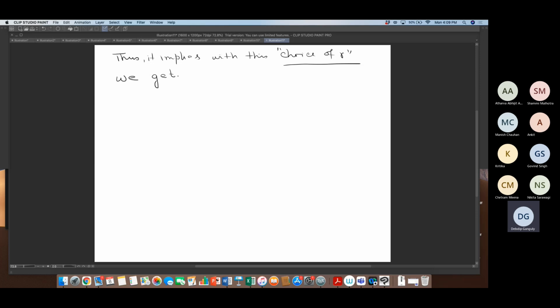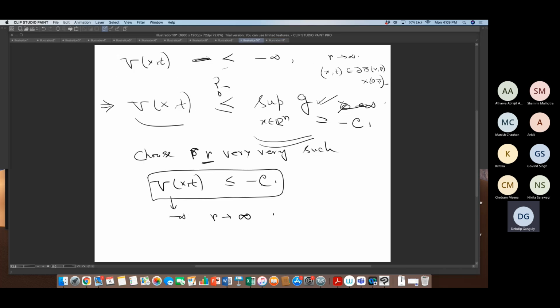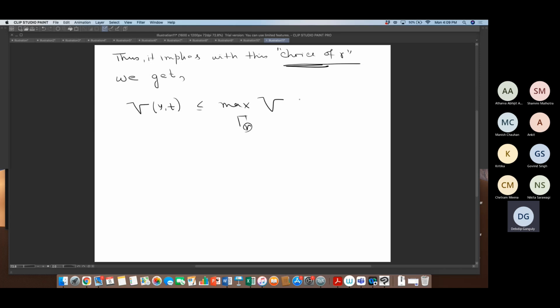We get V(y,t) less than the maximum of V on gamma R, for this choice of R for which V(x,t) is less than or equal to the supremum of G.